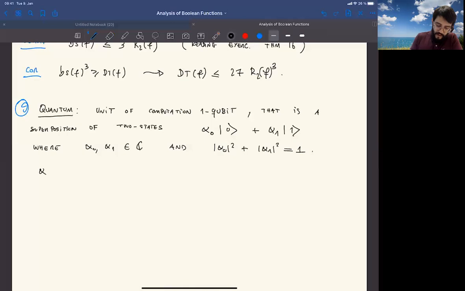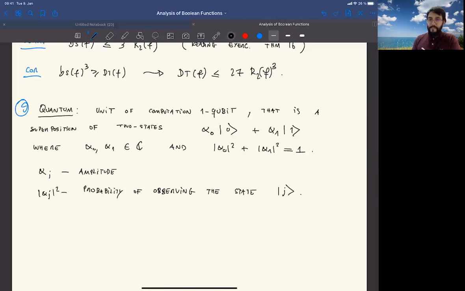So alpha j is the amplitude, and alpha j squared is the probability of measuring, or observing, to be the right word, the state j. Okay, that's the idea behind it.